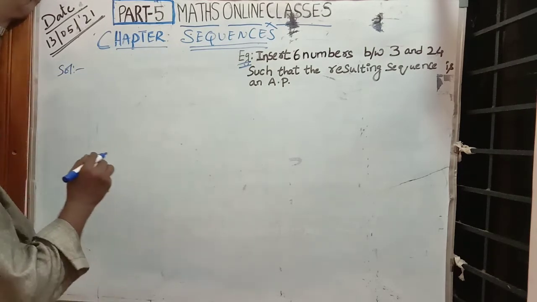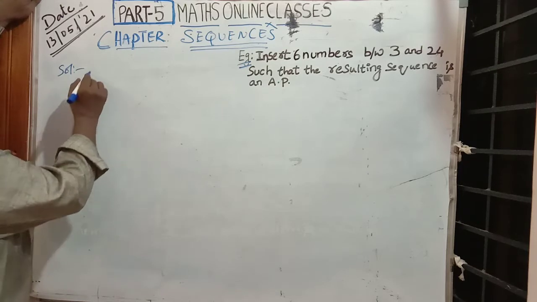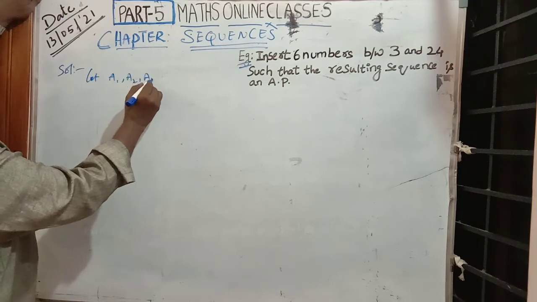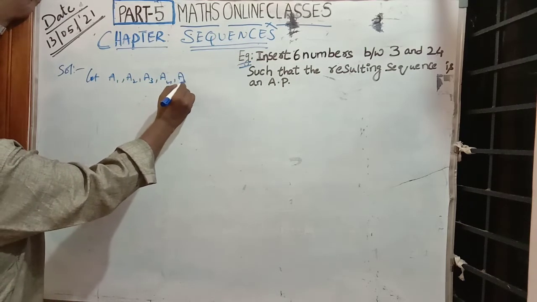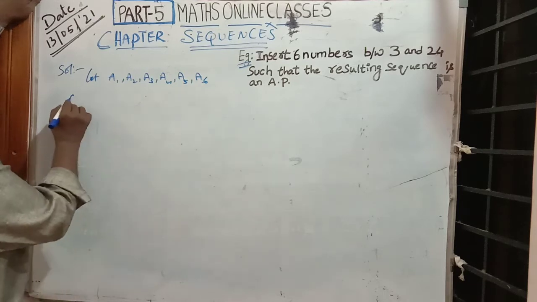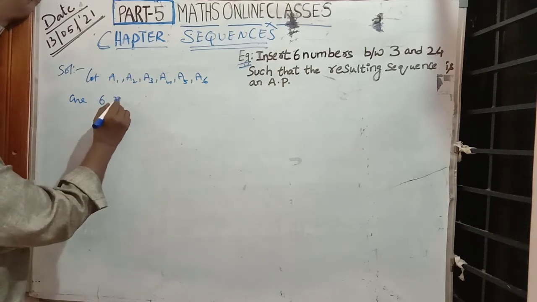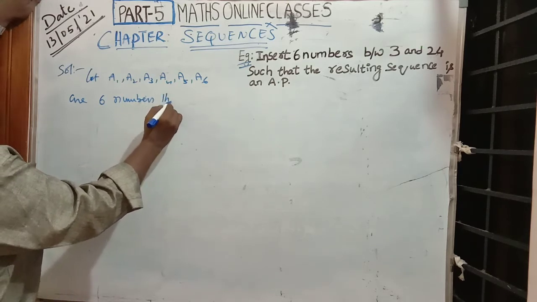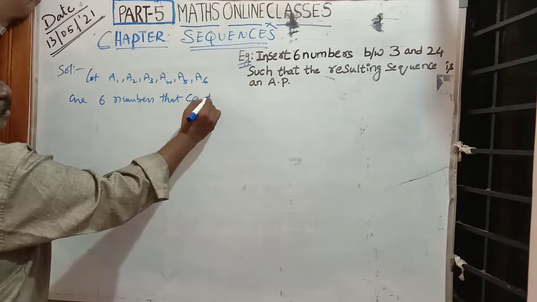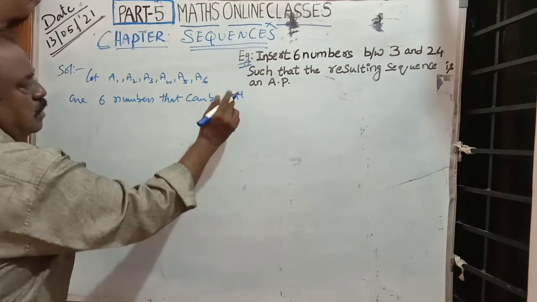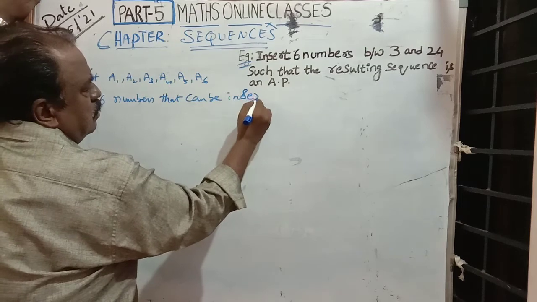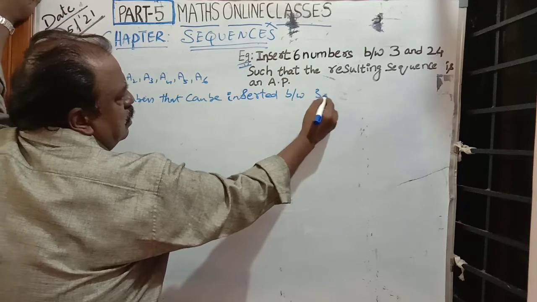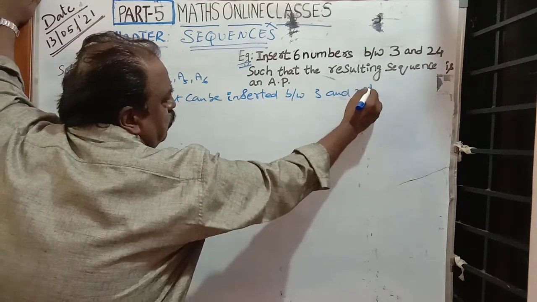The solution of this problem is, let A1, A2, A3, A4, A5 and A6 be the 6 numbers that can be inserted between 3 and 24.